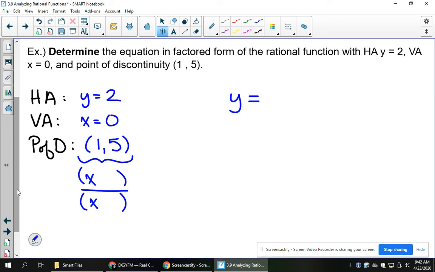The 1. How do we get the x value out of the brackets? We switch the sign. So what must be in these brackets with x is a -1. We've got the first part of our equation. There must be an x minus 1 on top and bottom that cancel, that give us a point of discontinuity at 1, 5, pardon me.